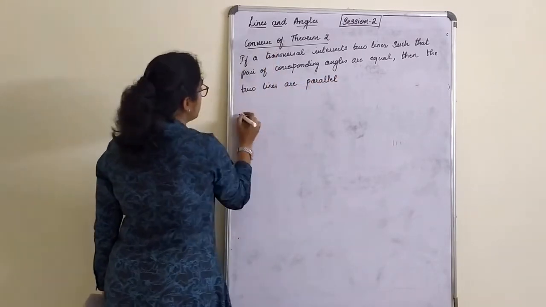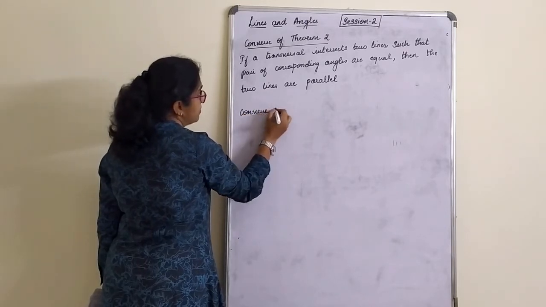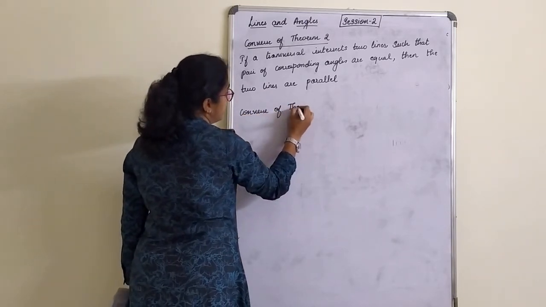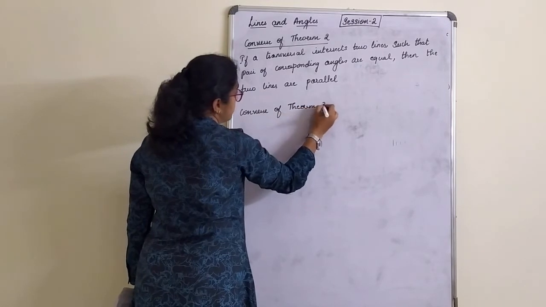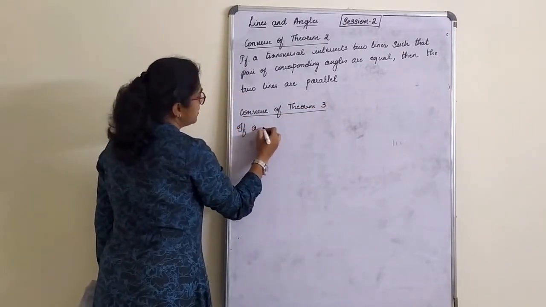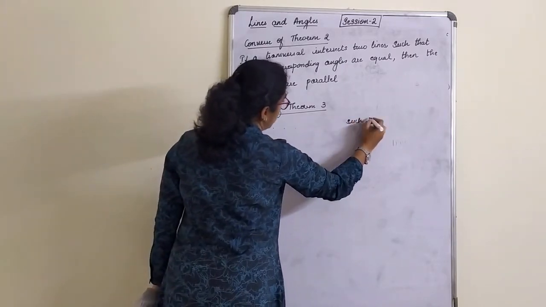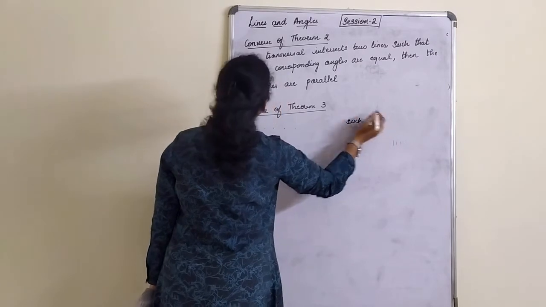Okay. The similar converse we have for theorem 3 also. Converse of theorem 3. So what does it tell? I will not complete the whole statement. If a transversal intersects two lines such that, you have to complete, children, same thing it is.